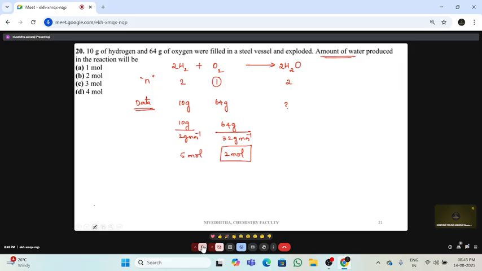So now this limiting reagent will decide the quantity of the product formed. If the oxygen's number of mole is 1, then the water formed will be 2 moles. In the given data, the number of moles of oxygen is 2. So number of moles of water formed will be how much? 4 mole, that's it. So answer is fourth option.